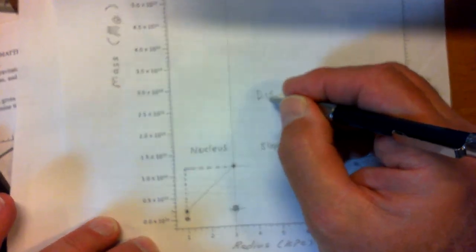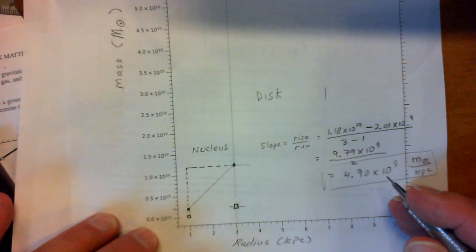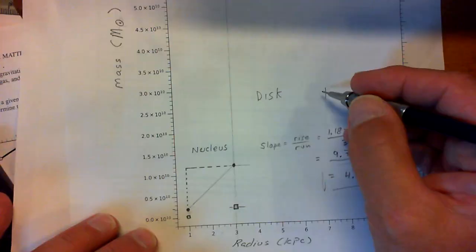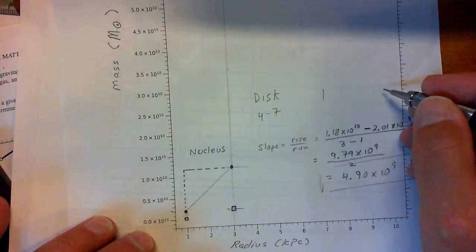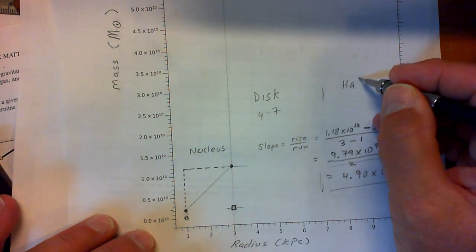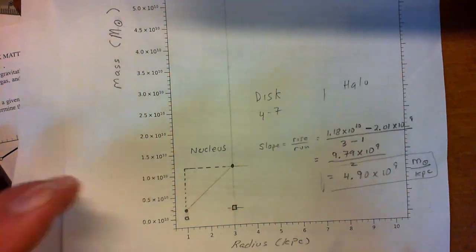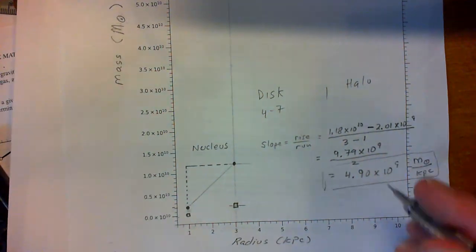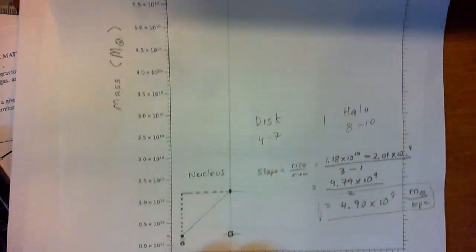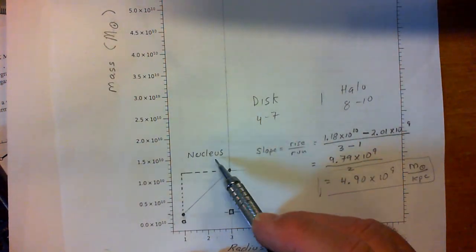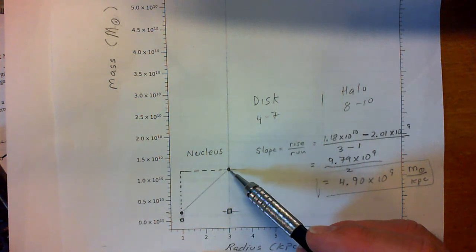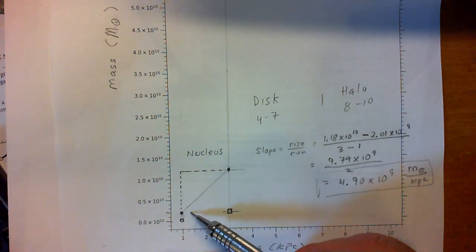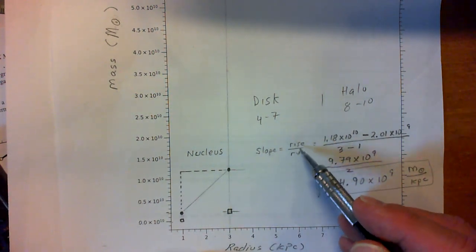This is the disk out here from 4 to 7, and then this is the halo out here from 8 to 10 kiloparsecs. So for the slope for the nucleus here, I calculate rise over run.